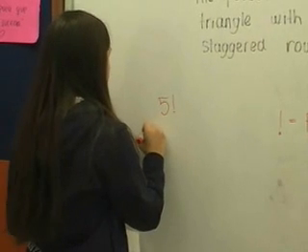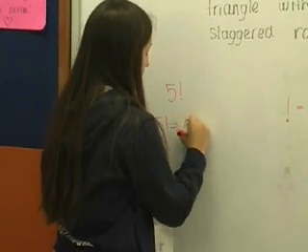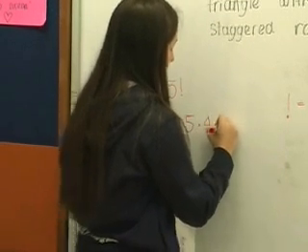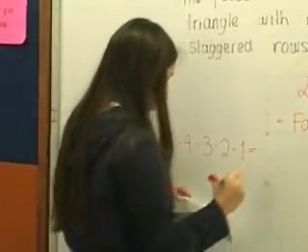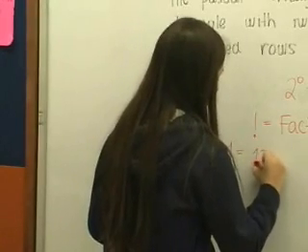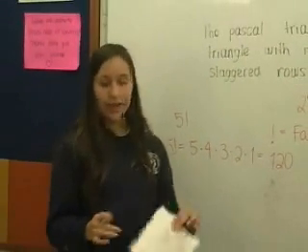So if you have 5, it equals 5 times 4 times 3 times 2 times 1, and this is 120. Okay, thank you.